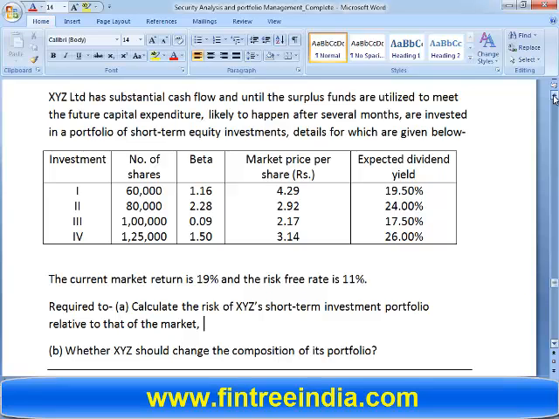We have to calculate risk of the portfolio relative to market. So what is measure of risk? We saw that there can be 2 types of risk, either standard deviation or beta, isn't it? And when we say relative to market, of course they are referring to beta, which means that what the question number 1 is requiring us to calculate is the beta of the portfolio. How do you calculate beta of the portfolio? No, there is no formula.